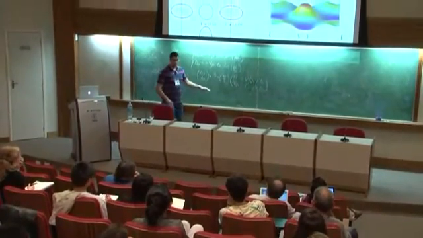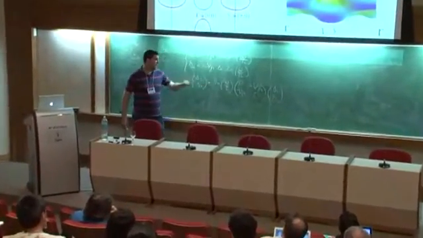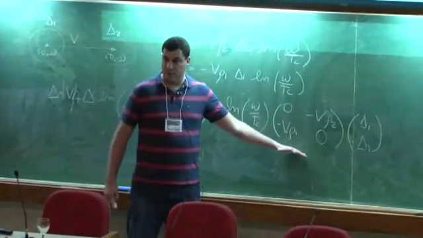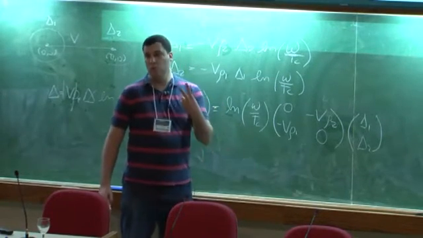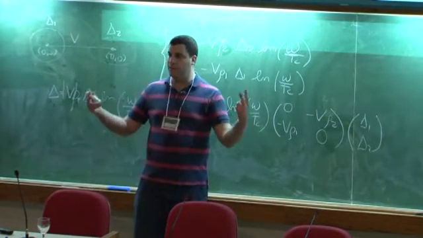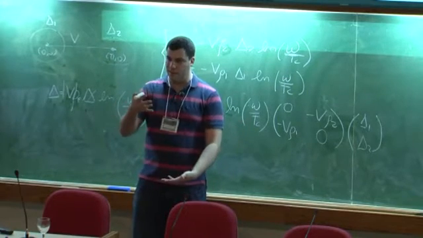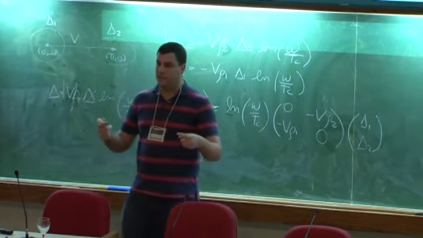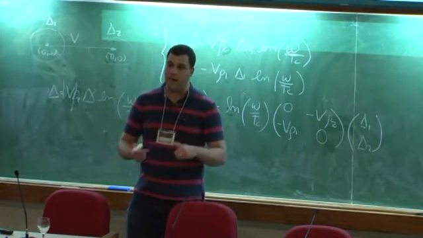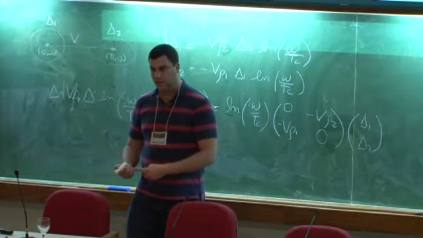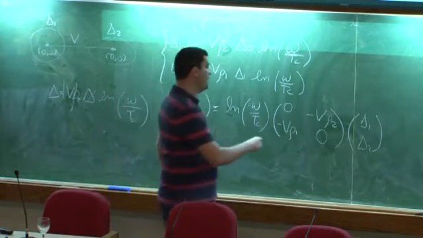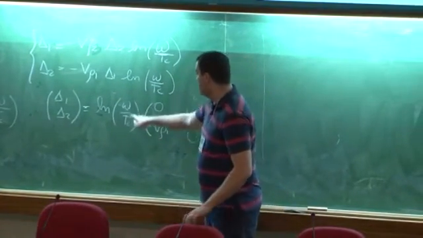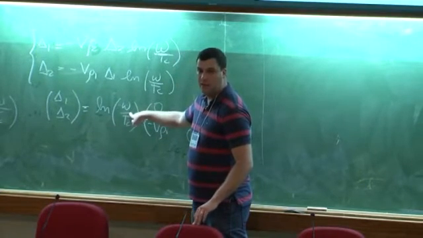So this is a matrix equation. How do I find TC? Well, now it's easy. All I need to do is find the eigenvalues of this matrix. I will have 2, of course, so I'll find 2 values of TC. The bigger one is the one that will be realized. But which kind of state will be realized? That depends on the eigenvector of the largest eigenvalue. If I find the eigenvalues of this matrix, then the eigenvalue times this guy equals 1.